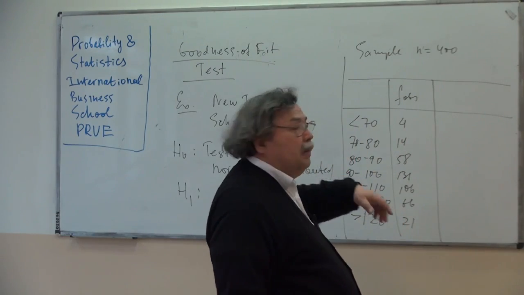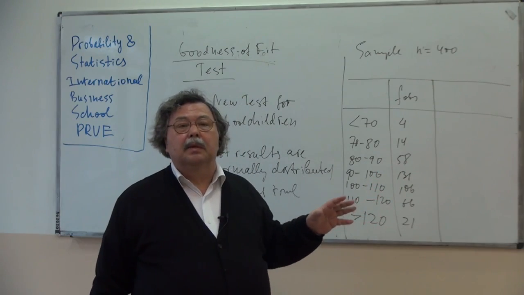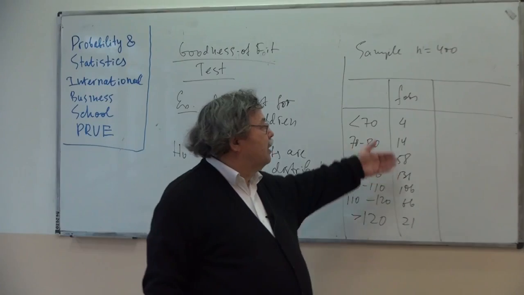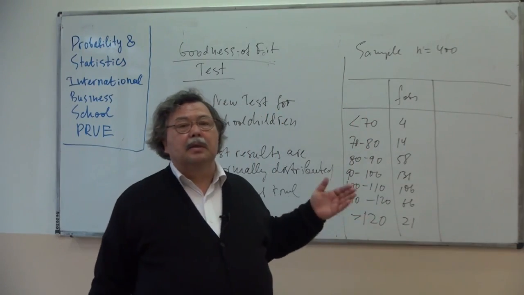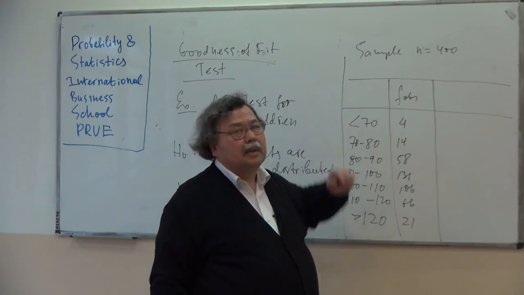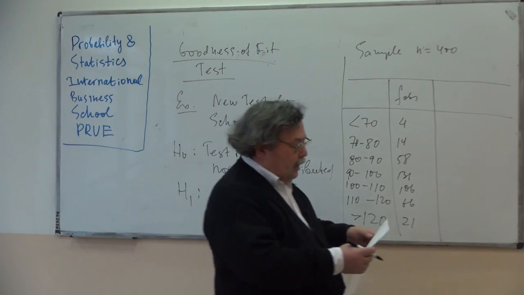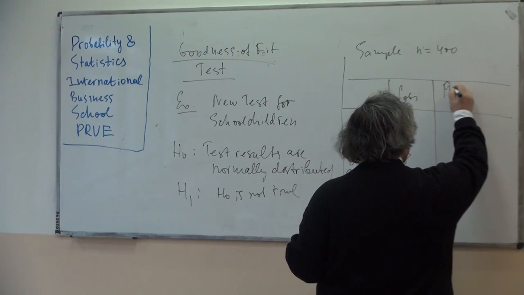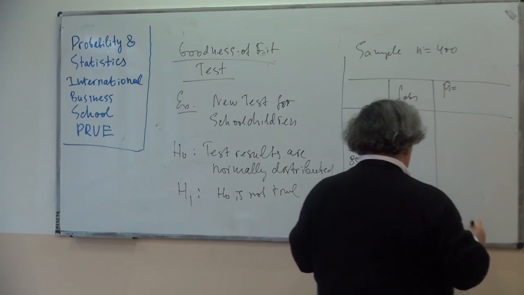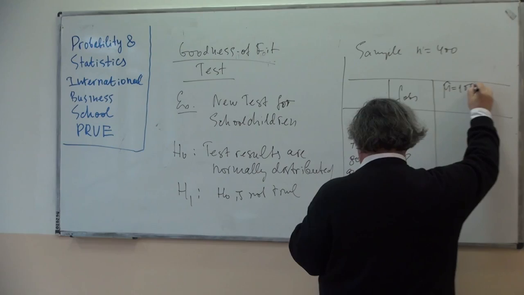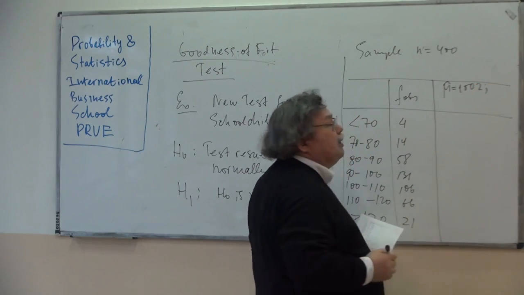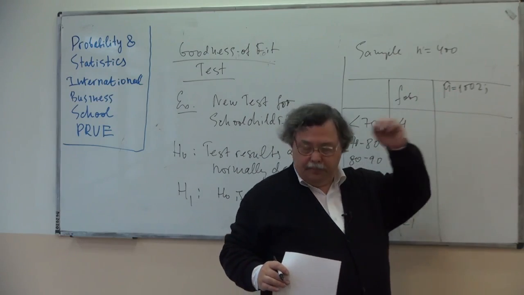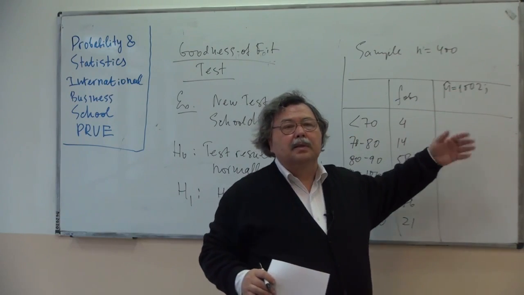We have no prior estimates of this, so we estimate mu and sigma on the same data, on the sample. So we estimate mu, and suppose it happens to be 110. There is no mystery here, it's just an example.